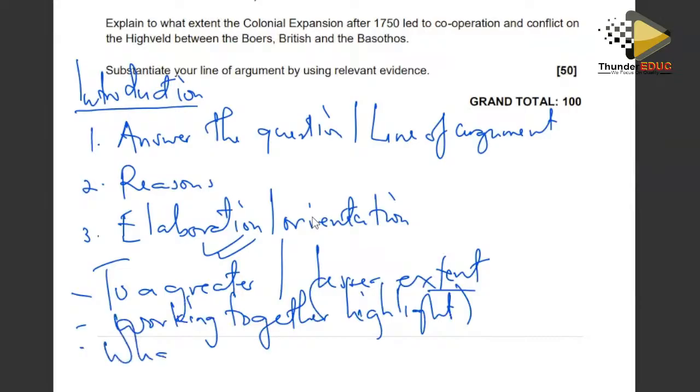What is the essay going to prove? What historical evidence are you going to use? This essay will further elaborate instances of cooperation or instances of conflict that happened in the Highveld as a result of the expansion of the colonial frontiers. That is an elaboration. You are now giving the reader a direction of where your essay is going and what focus your essay is going to portray.